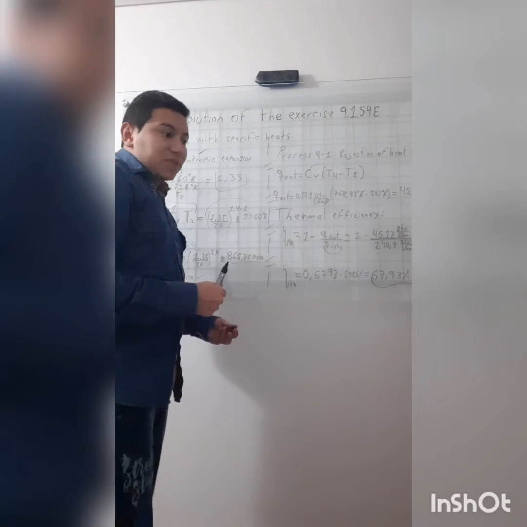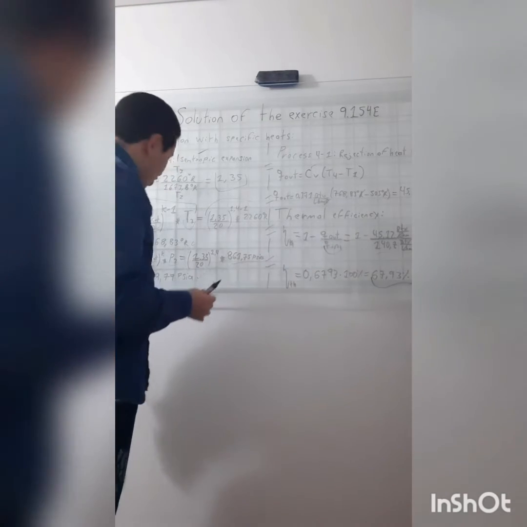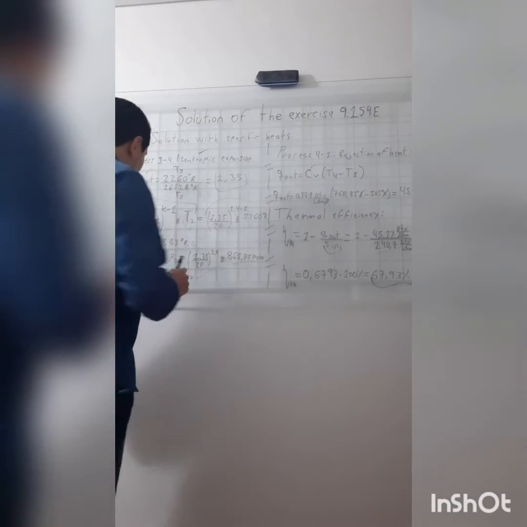Then we need to use a similar equation but to calculate the pressure at point 4. It is practically the same equation. Change, for example, the exponent, it is now just k, and it is the same relation times pressure 3.